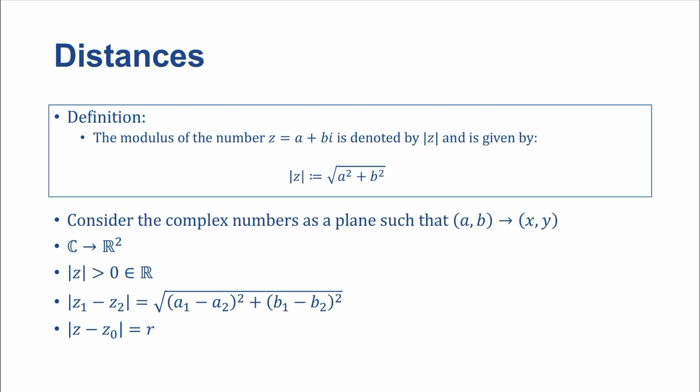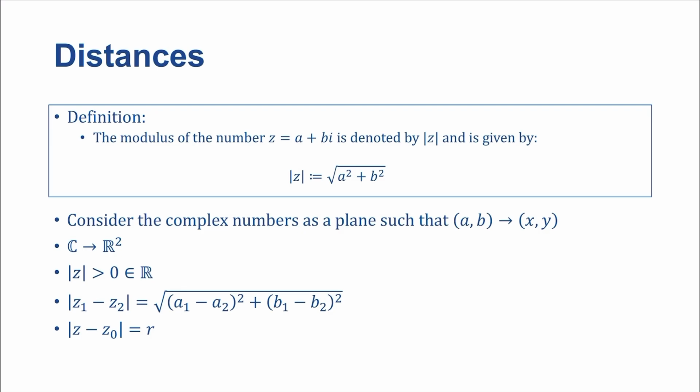So if I had a plane system and I had a coordinate a and a coordinate b, then obviously the distance between the origin and that point would be the hypotenuse of that right triangle we created. So you take the sum of the squares of the two components, a squared plus b squared.